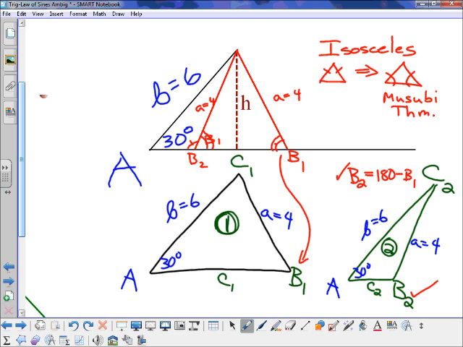Okay. Now in both cases, once we figure out B1, let's, for example, if we're staying in triangle 1, once I figure out B1, now I'll know A and B1, and then I can calculate C1 because the sum of the 3 angles has to equal 180 degrees.